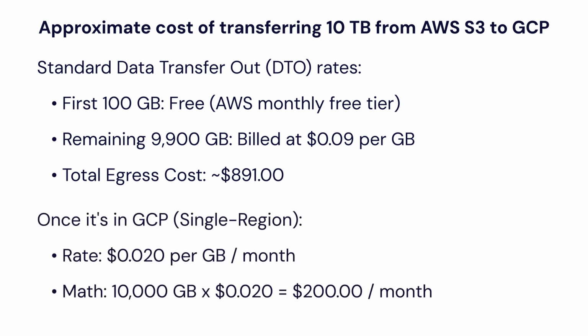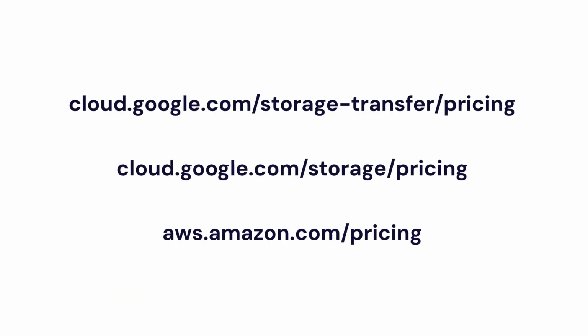Once your data is in GCP, you'll pay the standard rate. Supposing you will have a single region bucket, your total monthly payment would be around $200. You can find the costs published by both AWS and Google Cloud directly online from official documentation to calculate yours.